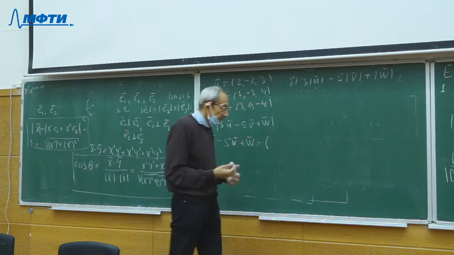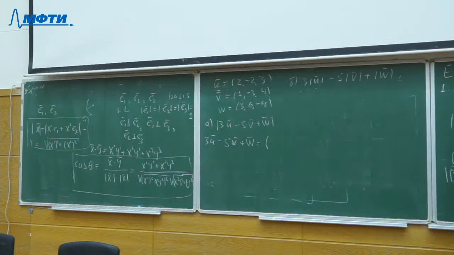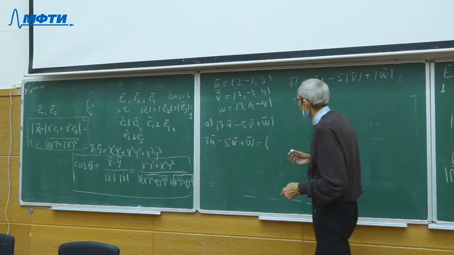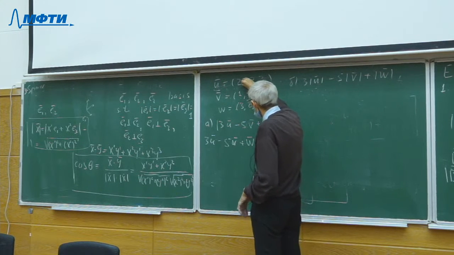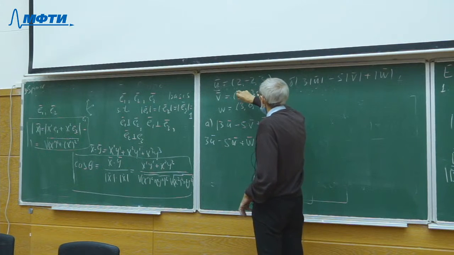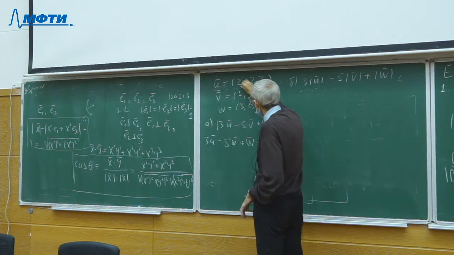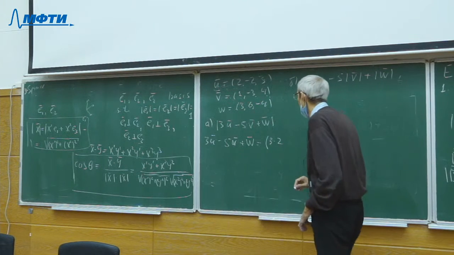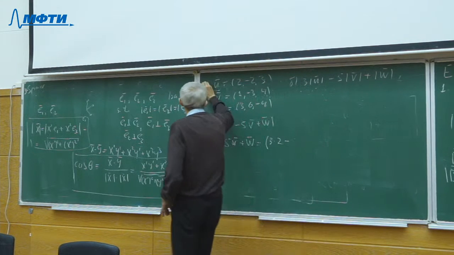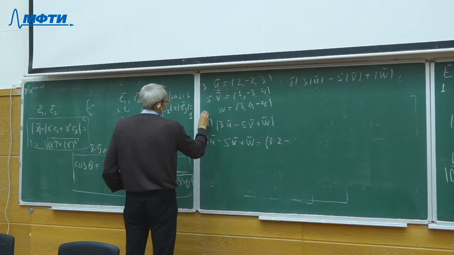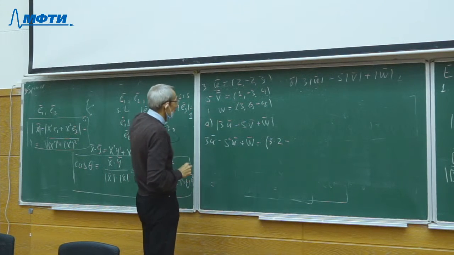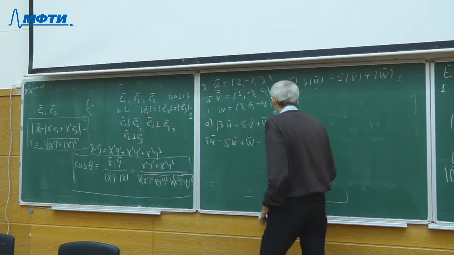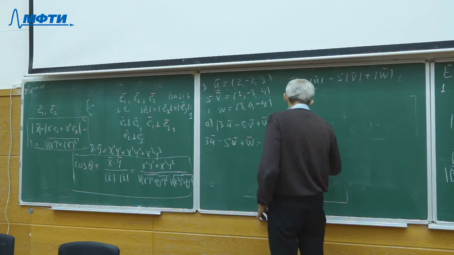And we do the operation on every coordinate. It is easy to see. For the first coordinate, 3 multiplied by 2 minus 5 by 1 plus 3.